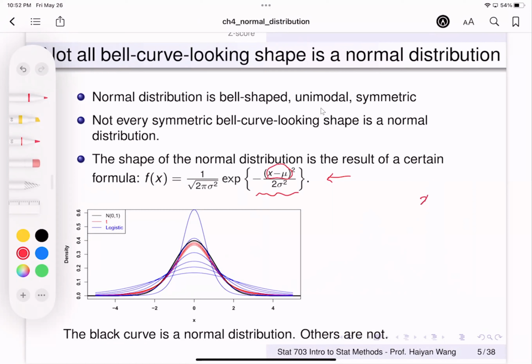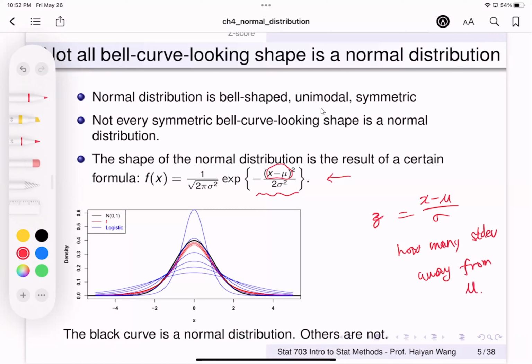If you think about this (x minus mu) over sigma, you can think of it as a value z, and this z tells how many standard deviations away from the mean.